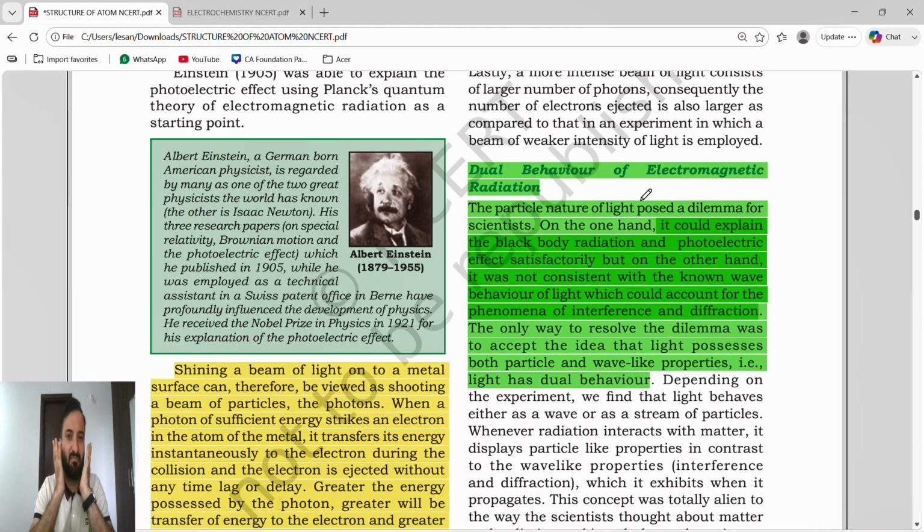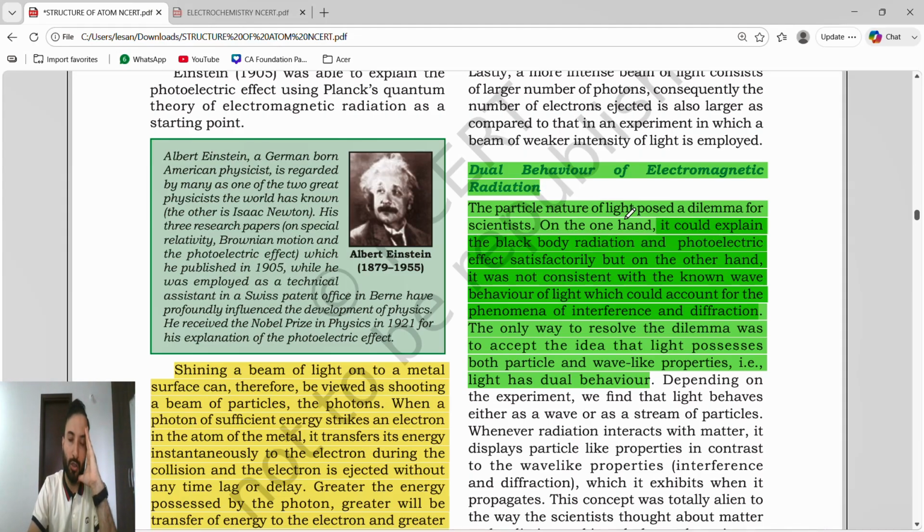Understand one thing, listen. Scientists did everything. They did the black body radiation, the photoelectric effect, the wave behavior of light. But at last, when they looked at the particle nature of light, they got the dilemma.